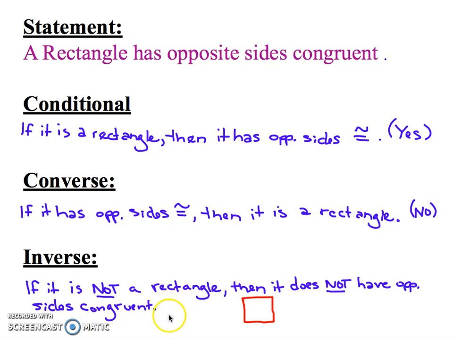Well, we know that this has to be false, because if you think about our square example, we know that a square is not a rectangle, but it has all opposite sides congruent. We could also think of a rhombus. We could think of lots of shapes that would make this false for our inverse statement.